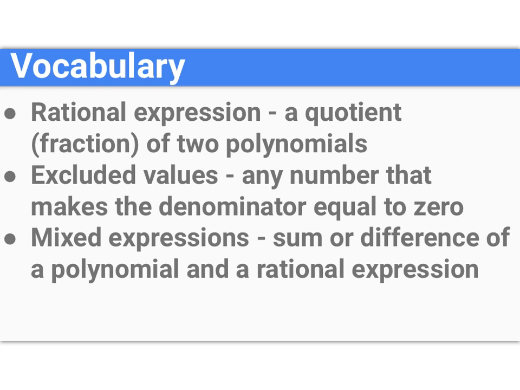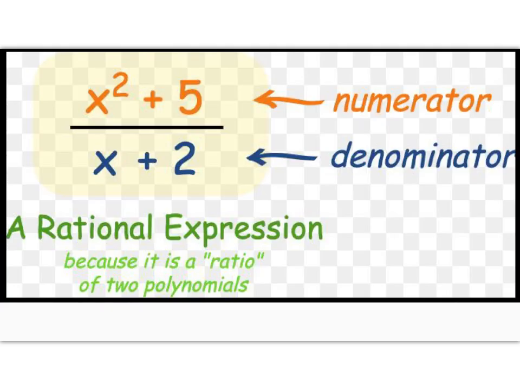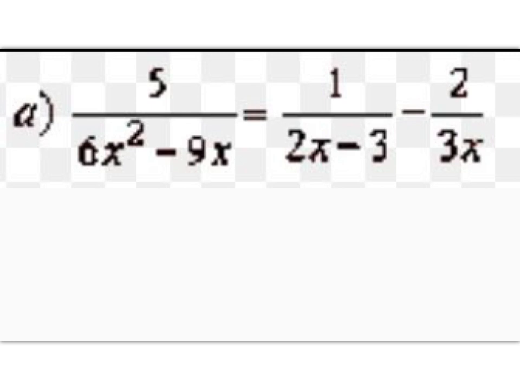I think that was lesson 144 or 145, so please go back and watch 142, 143 to understand what an excluded value is. Here's a rational expression, and here's what we're going to be solving for. We set two fractions of polynomials equal to one another and then solve.